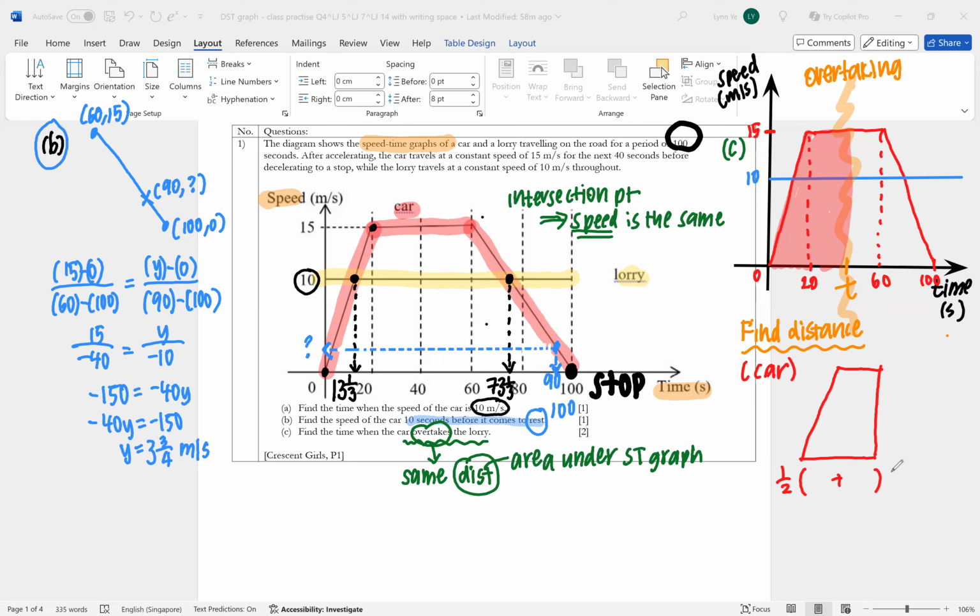Guys, what are A and B referring to in the formula of a trapezium, the area of a trapezium? What kind of sides? Yes, parallel. So what is the A and what is the B? The A is?